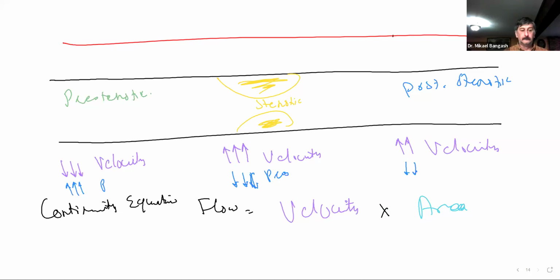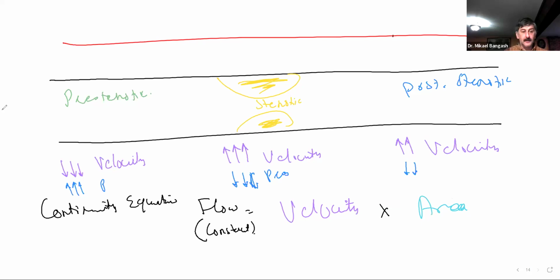Is that clear? And what we mainly say about the flow in this equation is that it remains constant, which is the volume or the amount of blood that flows through a certain area. That constant value of flow is equal to the product of velocity and area.